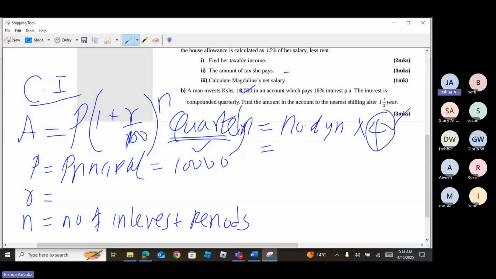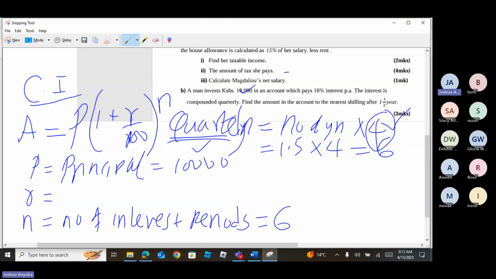In this case, find the amount in the account to the nearest shilling after 1.5 years. So 1.5 times 4 gives us 6. So the value of N in our equation is 6. I want you to get this one very clear. How do you interpret what to substitute in the formula?